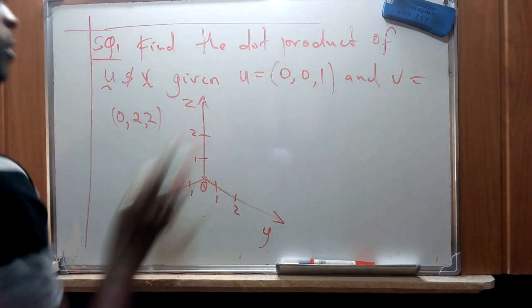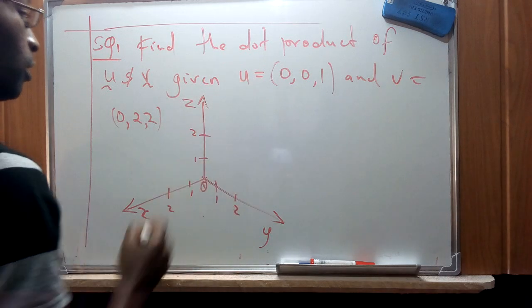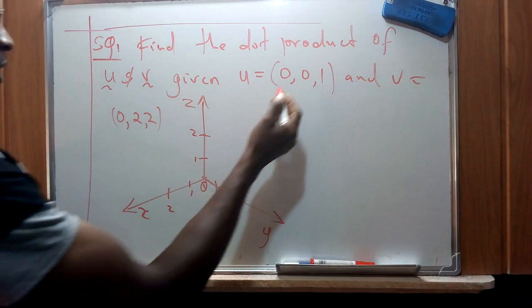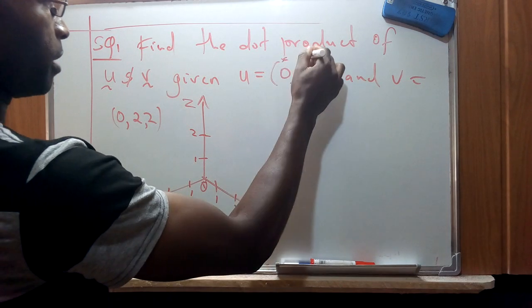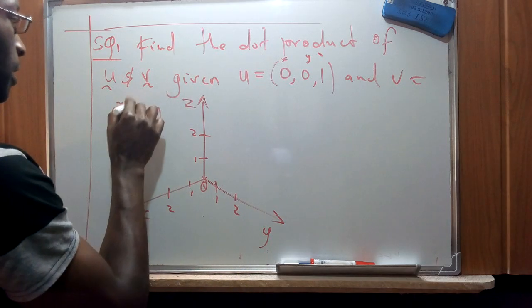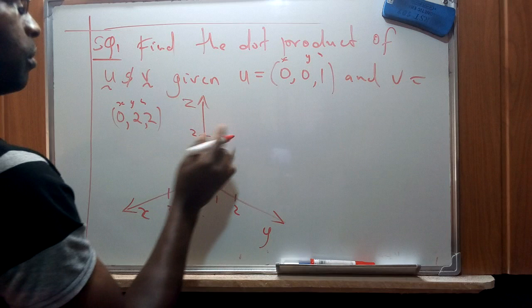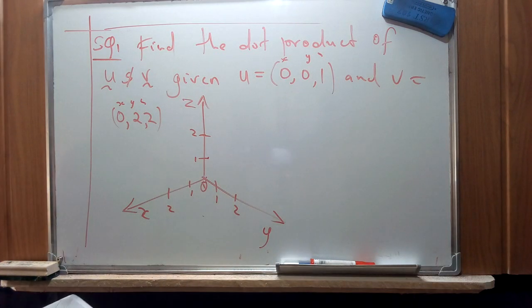Since this is the range of those particular particles, we can describe it. So for the point u, we look at its components: x, y, z. For u, the x and y components are 0, and the z component is 1. So at that point, we describe it using this particular point.